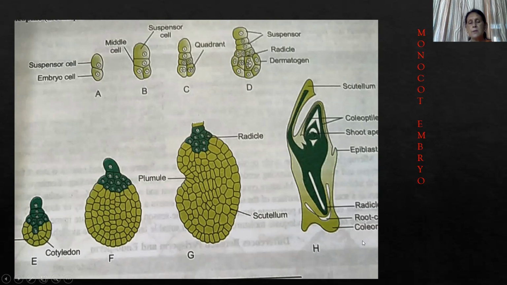So these three terms: scutellum, that is the single cotyledon of monocot; second is coleoptile, the membranous covering of the shoot apex of monocot embryo; and the coleorhiza, the membranous covering of the radicle of the monocot embryo. These terms are used in monocot embryo, not in dicot.